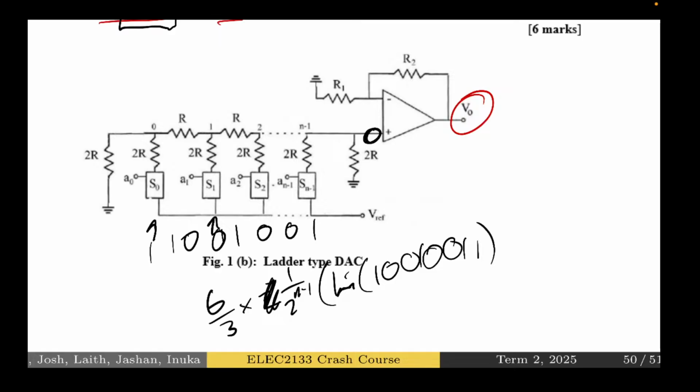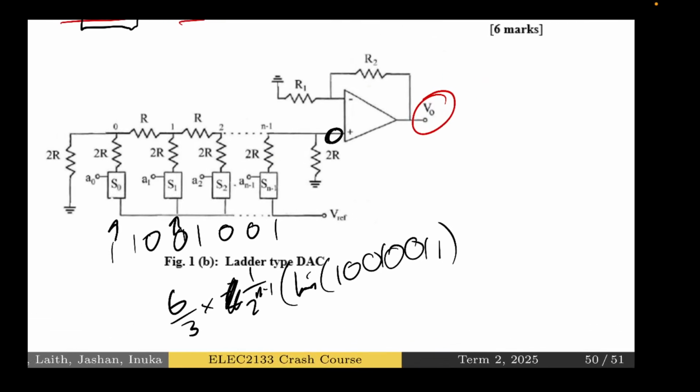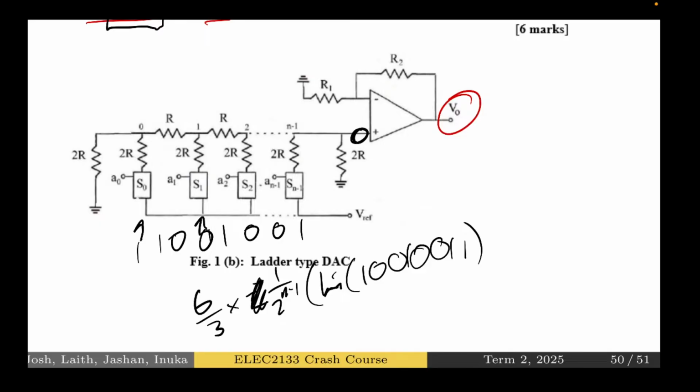You could figure that out yourselves, but what are we thinking? Does anyone know what this is? 1, 2, 4, 8, 16, 32, 64, 128. Let's add these up.